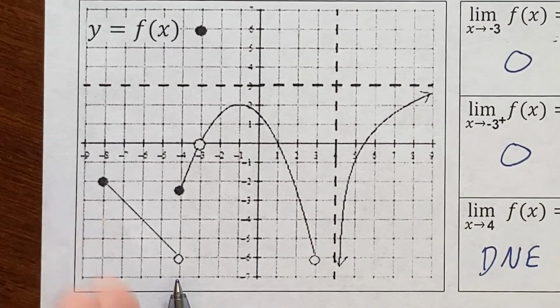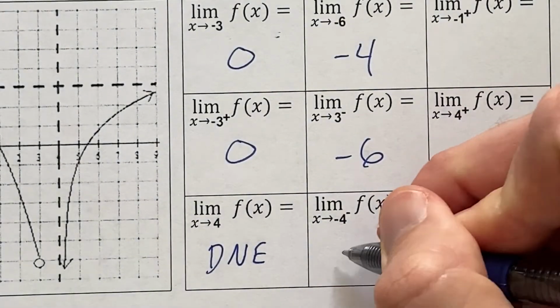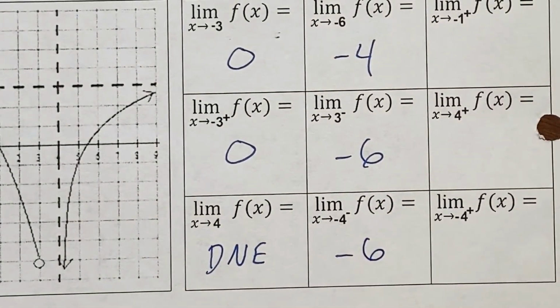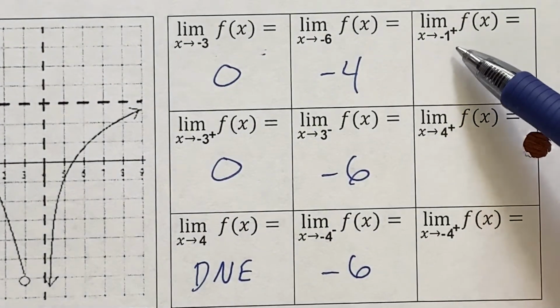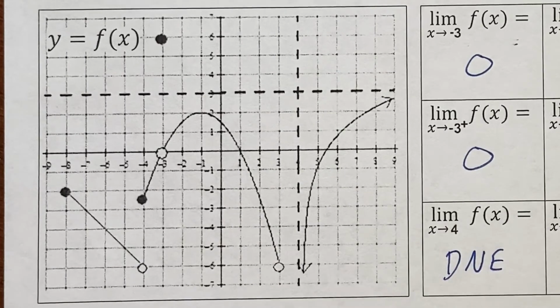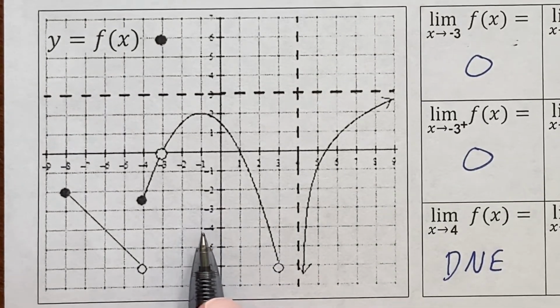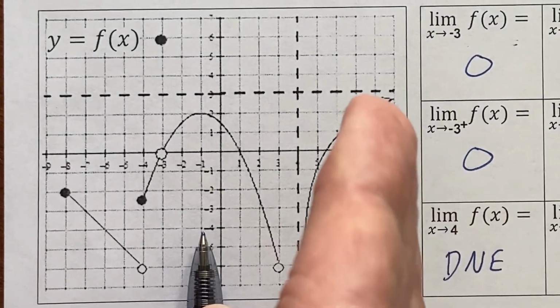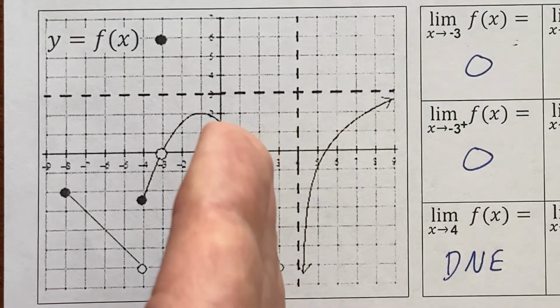From the left side, I'm getting really, really close to -6. As x approaches -1 from the right side, so there's the -1 x line. And we want from the right side. So as we're going from the right side, it's getting closer to 2.